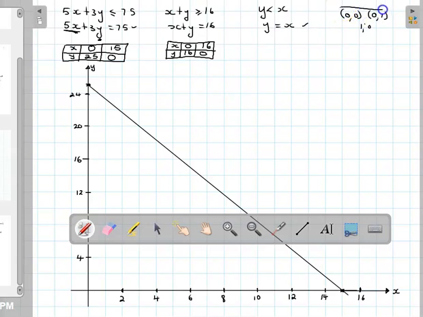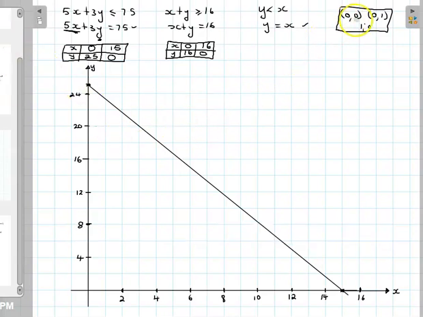These are the points you use to determine which side to shade. Now, when you're deciding, if your line doesn't pass through 0, 0, use 0, 0. Like this, our line does not pass through the origin. That's 0, 0, which is the origin. So we can use it.